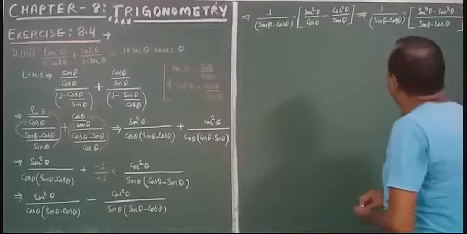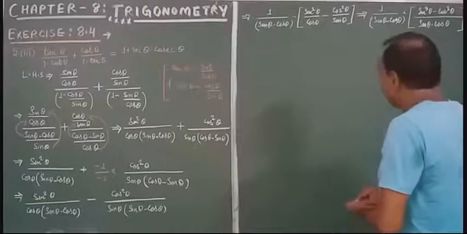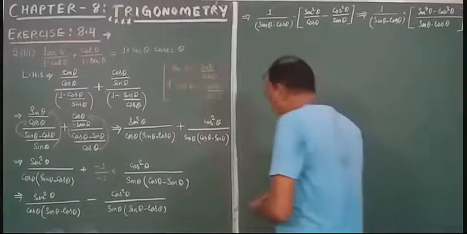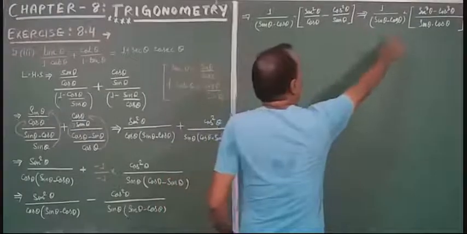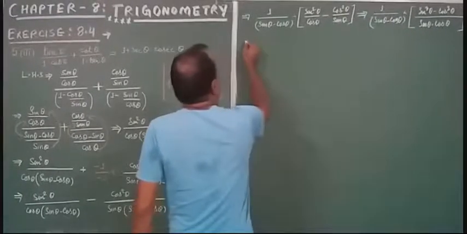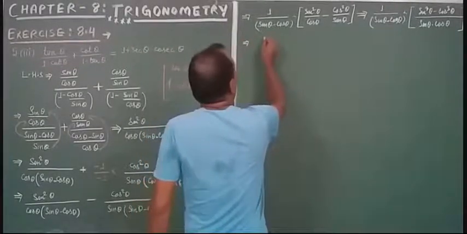Now there is a formula. First we can write this as 1 into sin cube theta minus cos cube theta. So what will happen?